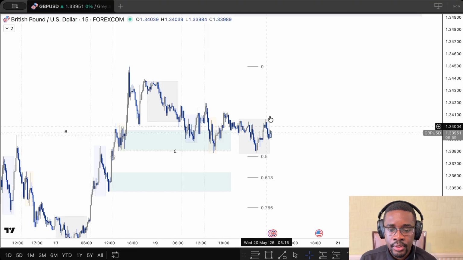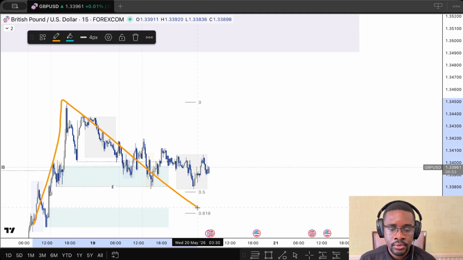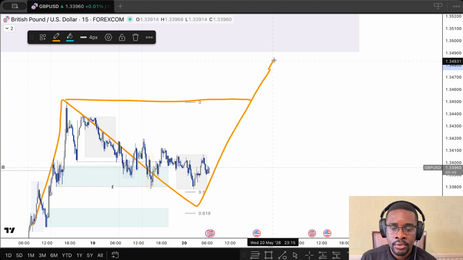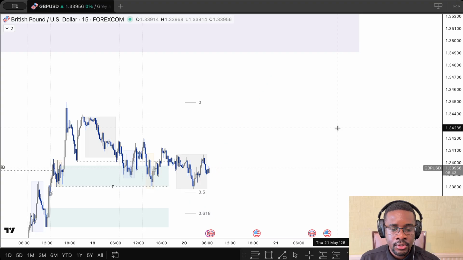So this could be price doing this. So we have internal, and then now price could lead to another break of structure and then continue until we mitigate this before we eventually get some shorts.